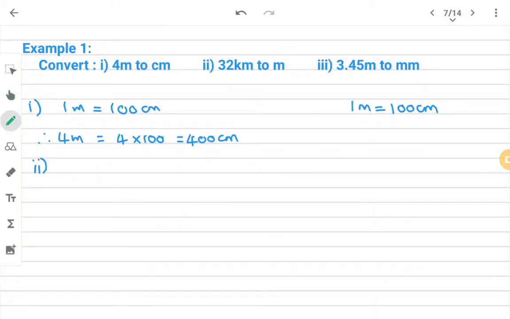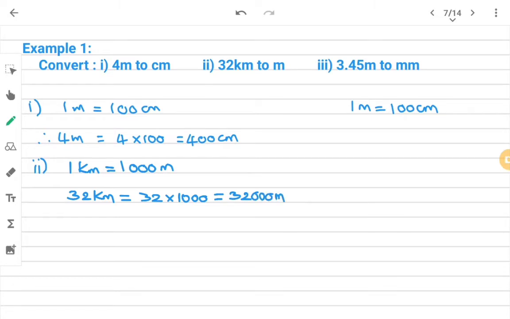Here 32 kilometer is given. 32 kilometer is equal to 32 into 1000. 32 into 1000 is 32,000 meter.